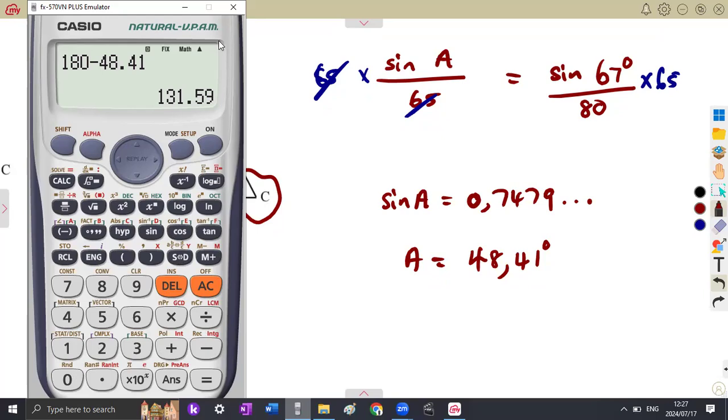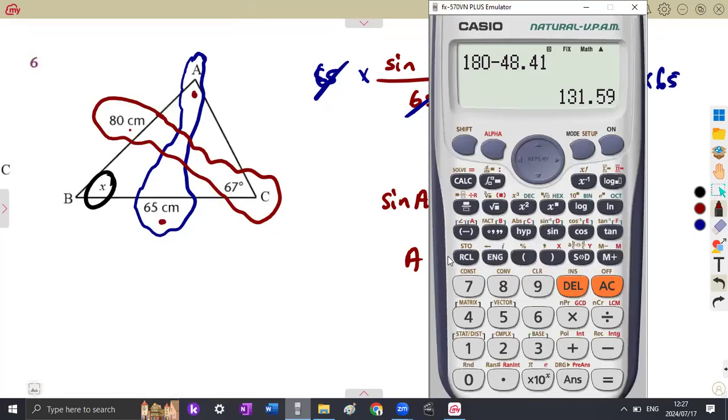Let's see, because there we have got a 67. Let's see if it's going to work, because if we add this 67, that is more than 180, no, this was not going to work. So the other angle was not going to work. It was going to be more than 180, as we can see.